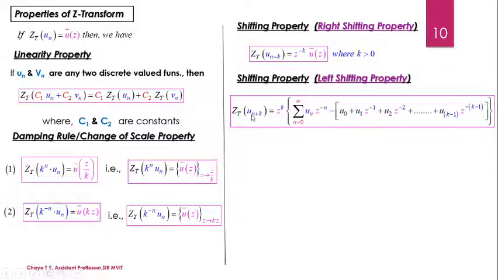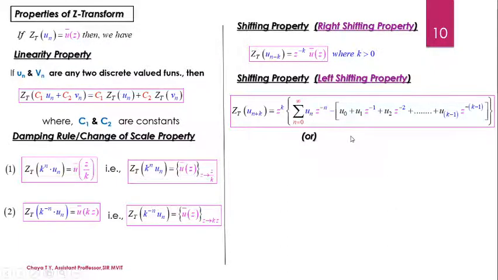That's why we call it u suffix n plus k, and it is given by z to the power k times, now observe the sequence here, the summation of u suffix n z to the power minus n, where n varies from 0 to infinity, minus the sequence u0 plus u1 z to the power minus 1 plus u2 z to the power minus 2 plus etc. Now we find the values of u0, u1, u2 from the problem and substitute over here, which gives us the left shifting property.